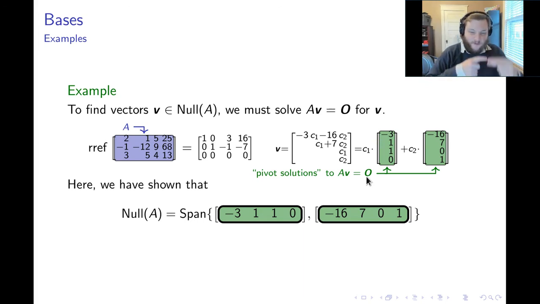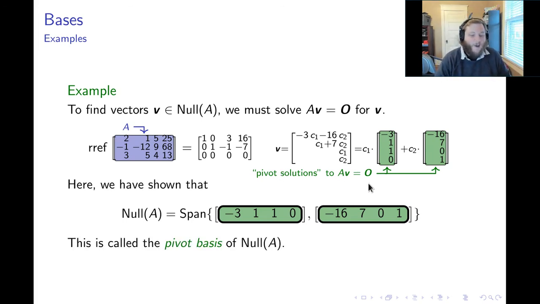So if you go through this process of finding the reduced row echelon form and then writing out the generic solution as a linear combination of vectors, we call the vectors that pop out of this process the pivot solutions to Av equals 0. And it turns out this will always give a basis of the null space. So we call this the pivot basis of the null space of a matrix.